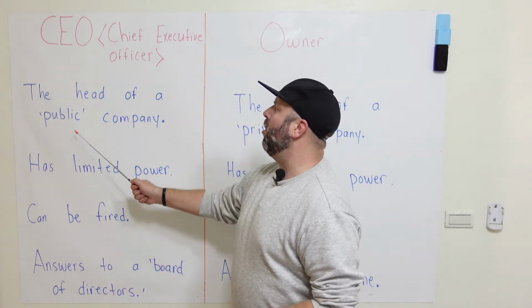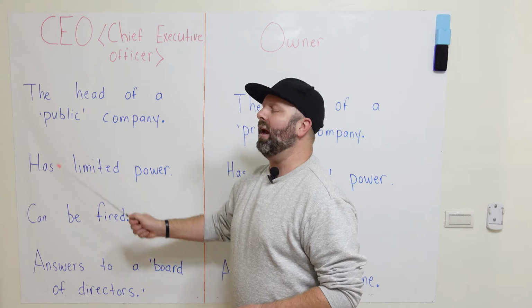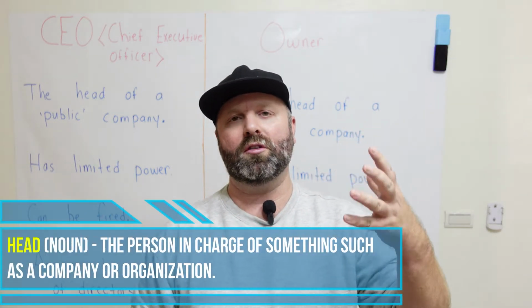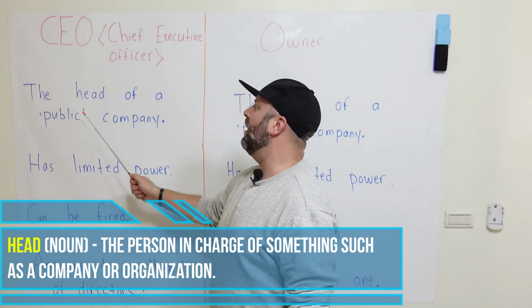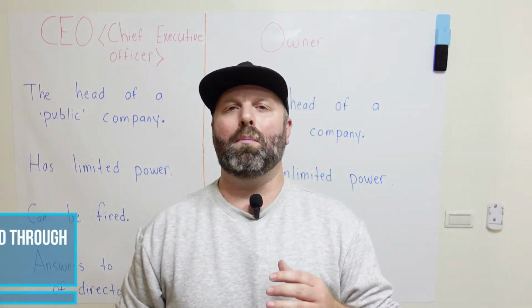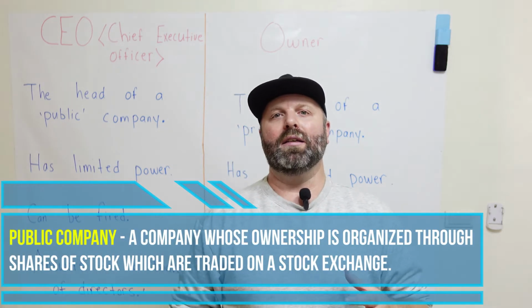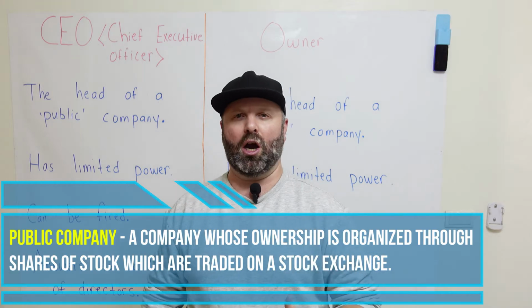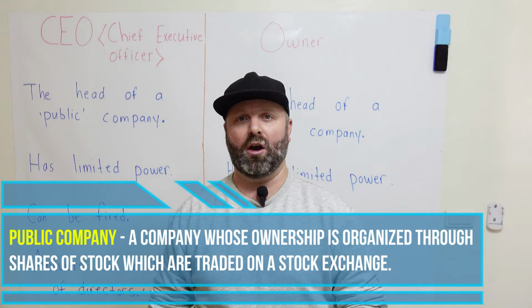The CEO is the head of a public company. Head is just another word for leader or the top of something. So a CEO is the head of a public company. Now, a public company is a company that raises their money by selling stocks. Maybe some of you have stocks.